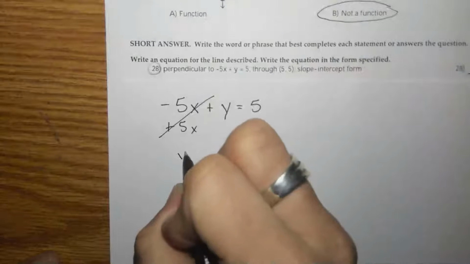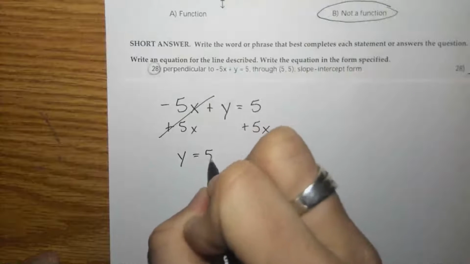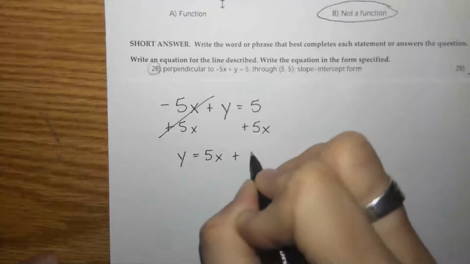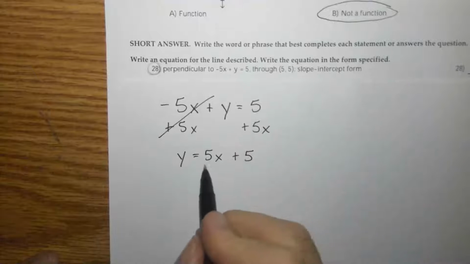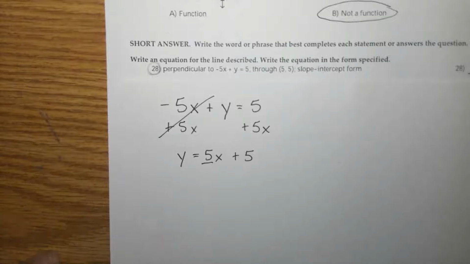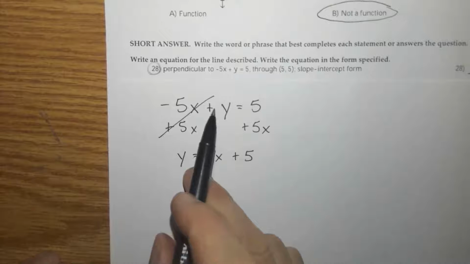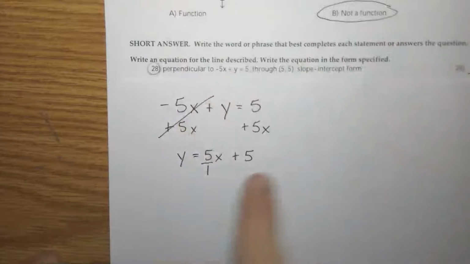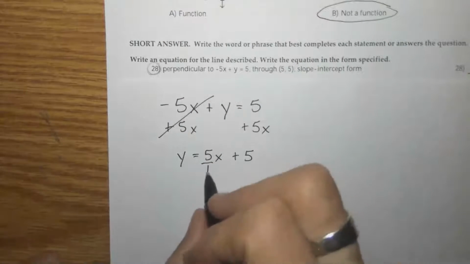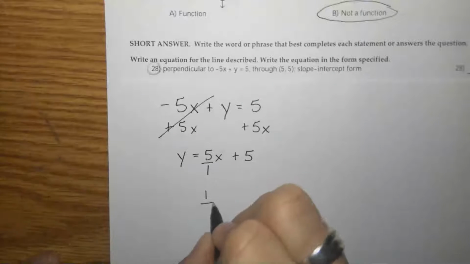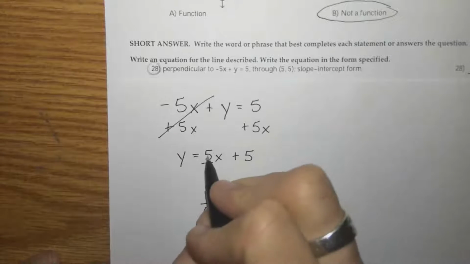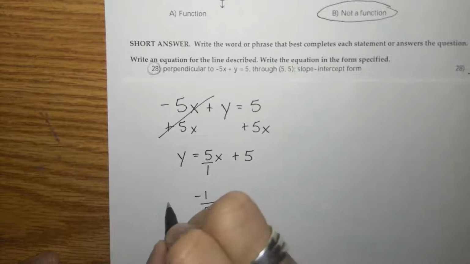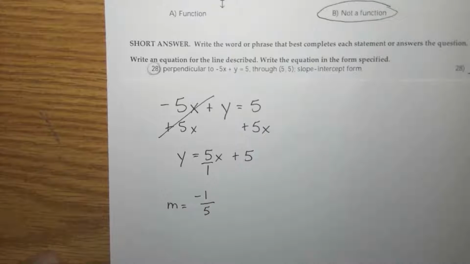So we get y equals 5x plus 5. And so this gives us our slope right here. Our slope is 5 for this one, but ours is going to be perpendicular. Now, we think about this like it's 5 over 1. Perpendicular means we're going to flip this thing over, and we're going to change the sign on it. So this 1 goes to the top, 5 goes to the bottom, and it's positive, so it's going to become negative. So that's our slope now.